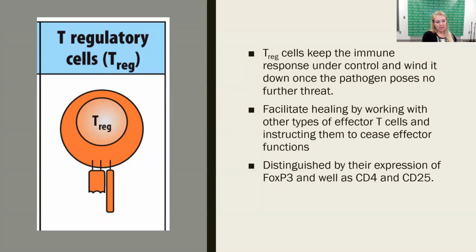and sometimes these cells are called FOXP3 positive cells or CD25 positive cells because they have CD25 on their surface, and FOXP3 is the transcription factor that is specific to them. So if you ever see that, know we're talking about a Treg.